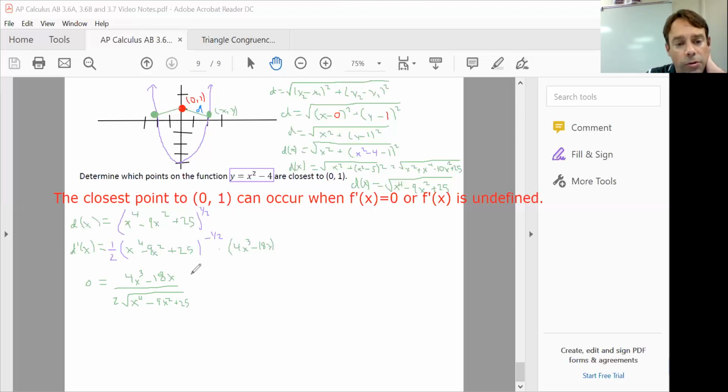So this numerator is when my derivative is equal to 0. My denominator is when my derivative is undefined.